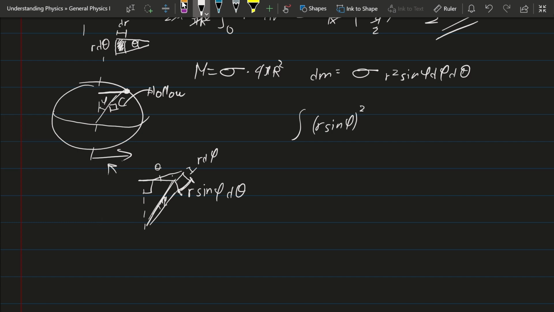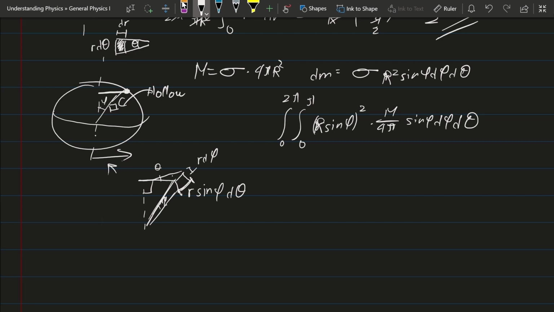So it's r sine phi squared, but this r is constant anyway, so it will be big R. Multiply that by the sigma. This is big R squared. This will be m over 4 pi, sine phi d phi d theta. So this will be a double integral. And for the phi, it goes from 0 to pi. So we could do the integral from 0 to pi, while the d theta goes from 0 to 2 pi.